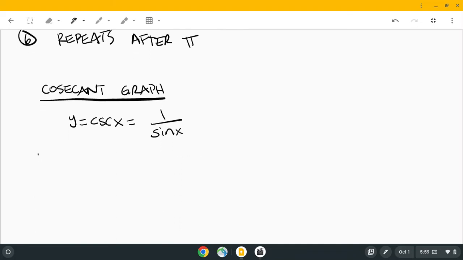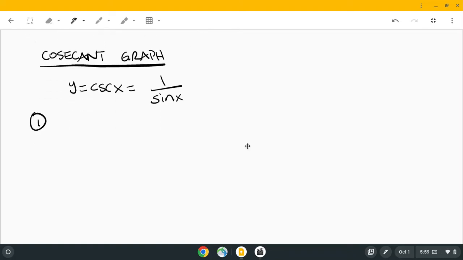When we graph cosecant and secant, we actually start off with the sine x and the cosine graphs. So here cosecant is the reciprocal of sine, so we're going to graph y equals sine x first.